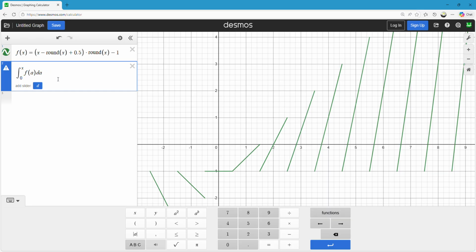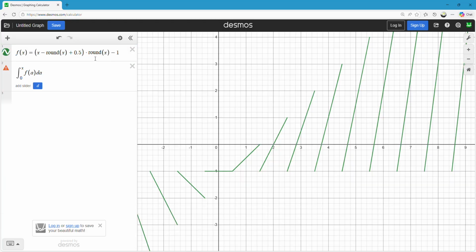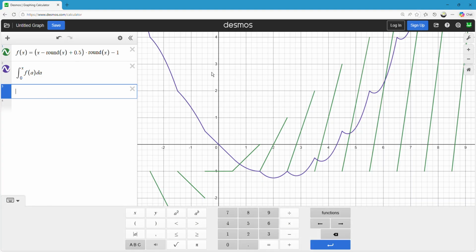Here's a function right there. What do we have to work with? We have round of x minus round of x squared plus round of x times 0.5 minus 1.